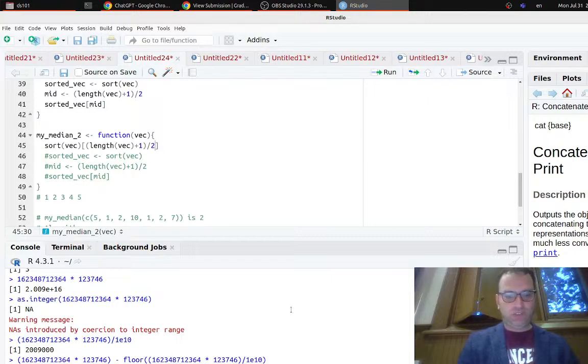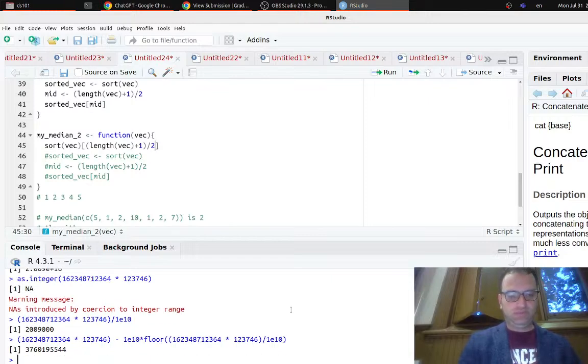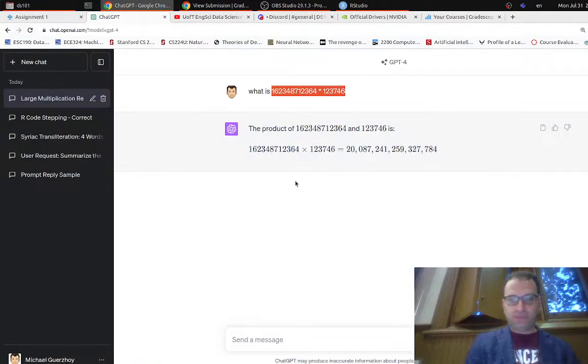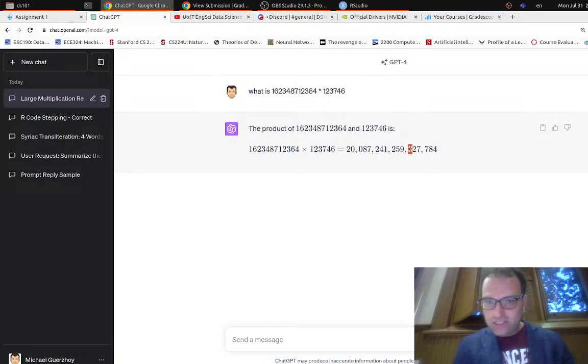Not the best way to do it. Okay, so the claim would be that the 10th digit is 3, and this is, yeah, the 10th digit got wrong.